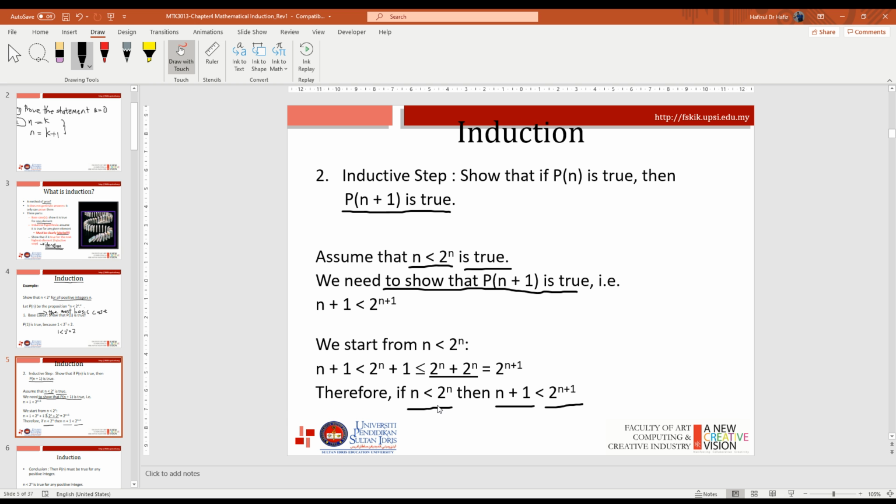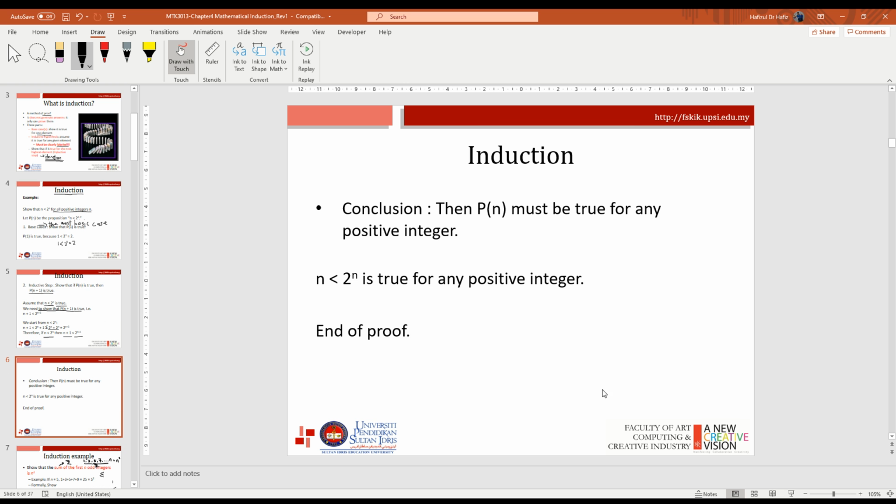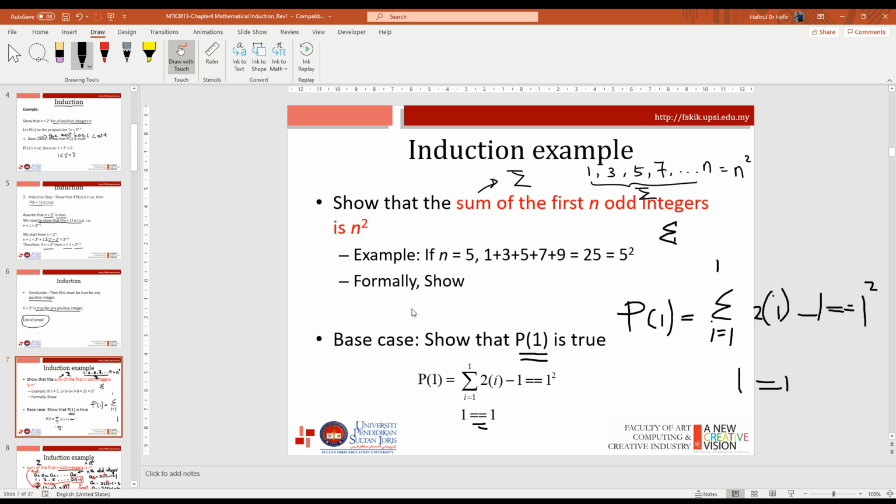If n is less than 2^n, then n+1 must also be less than 2^(n+1). We can conclude that P(n) must be true for any given positive integer. So n less than 2^n is true for any positive integer, and end of proof. This one is the example.